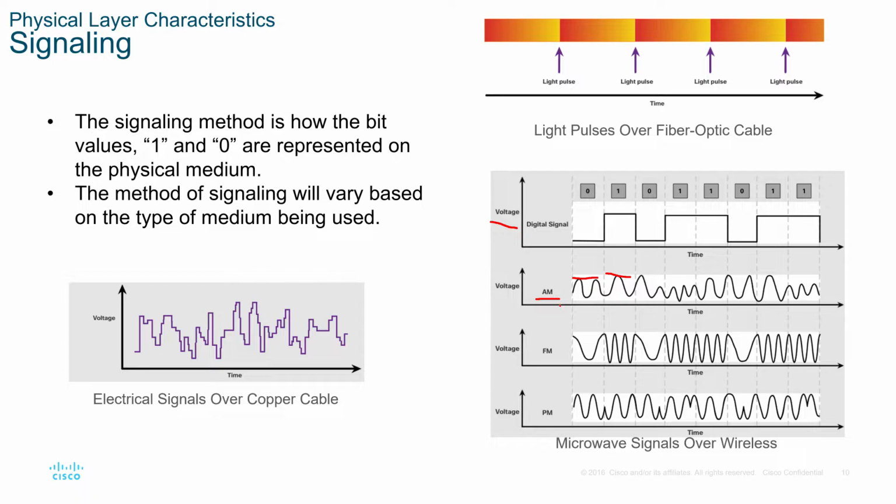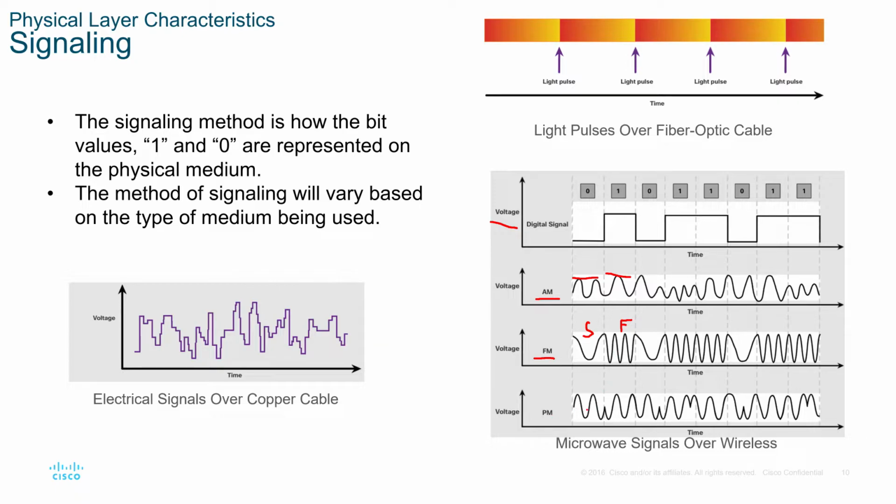AM radio, for instance. Frequency modulation, such as in FM radio, you notice a difference in the frequency. This is a much slower frequency versus a much faster frequency, indicating the slower, a logic 0, the faster, a logic 1.